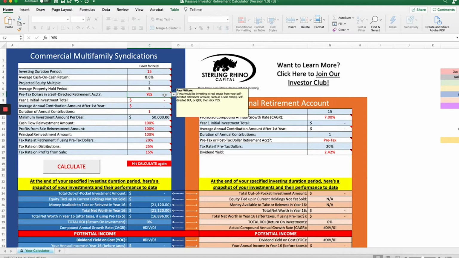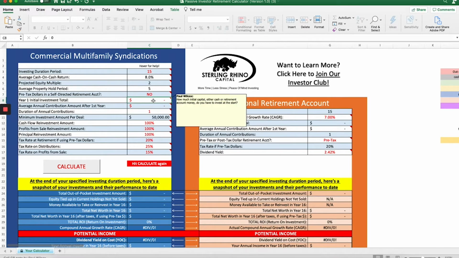If you want to learn more about this, please email Chris Roberts or myself, and we will guide you. For this example, I'm going to change this to no. We will be using dollars that have already been taxed from, for example, our W-2 job.